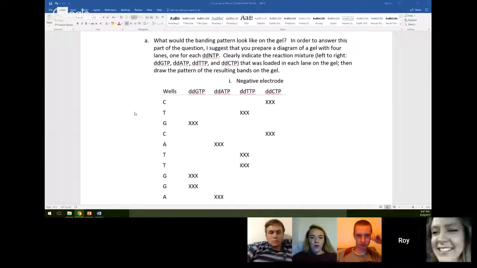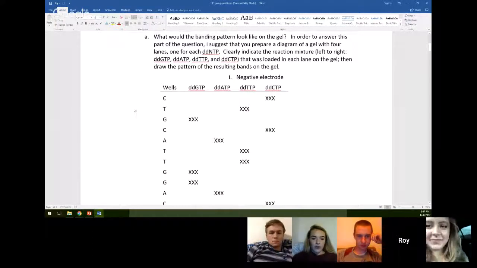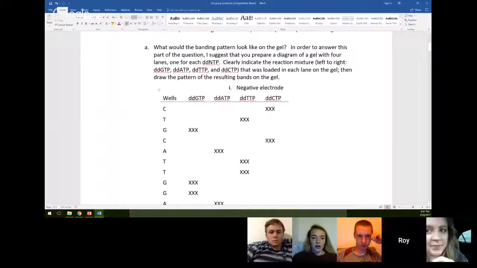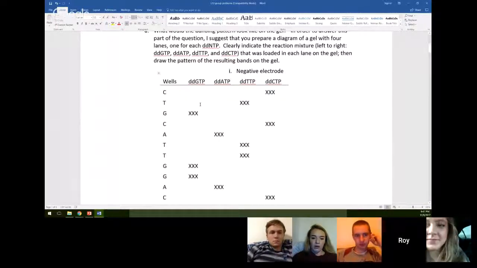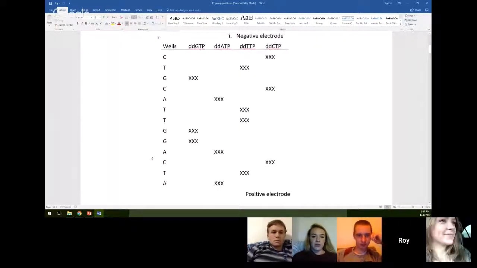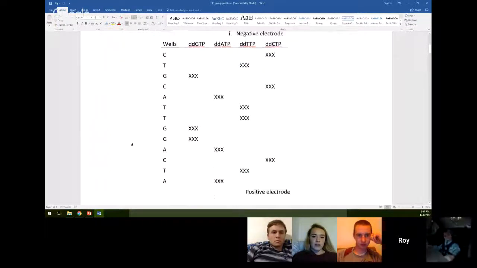In order to answer this part of the question, I suggest, so you have your little electrophoresis, and you have your wells on one side, and you have your columns of the ddGTP, ddATP, ddTTP, and ddCTP.